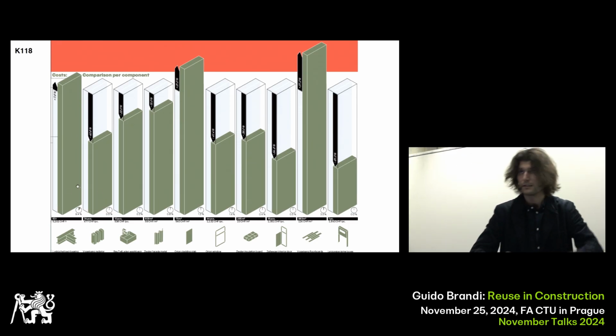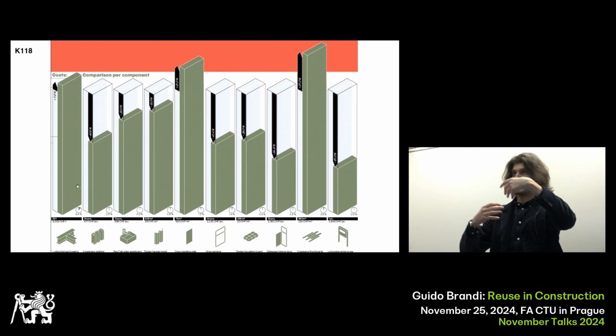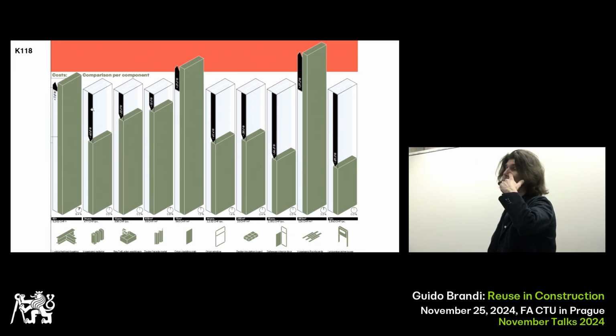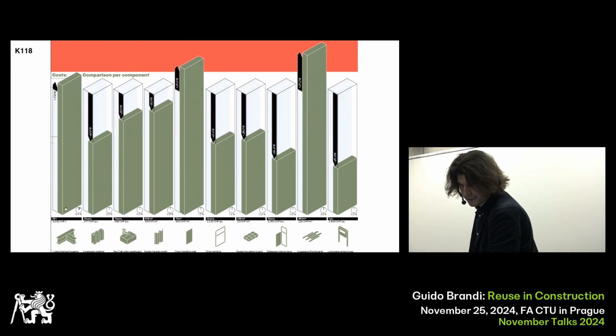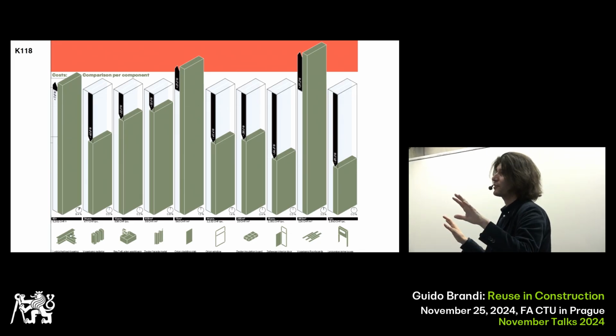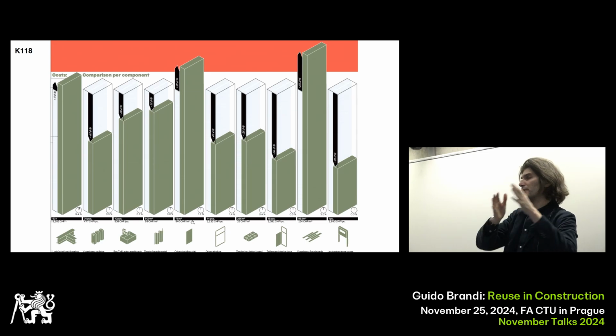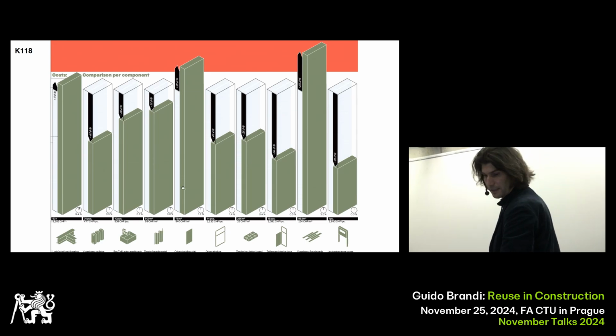In the green column, you see the cost of the reused element compared to the gray one, which would be the new element. We analyzed the cost of all the materials, but we selected 10 of them, our protagonists, and we followed them from the beginning until the end.